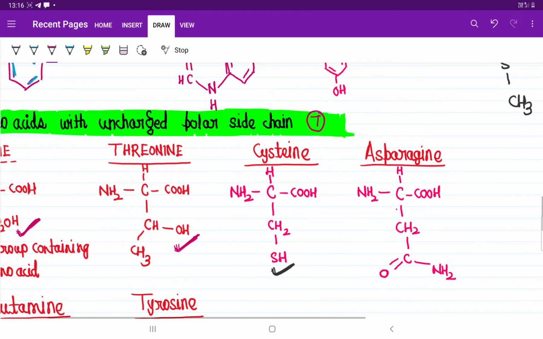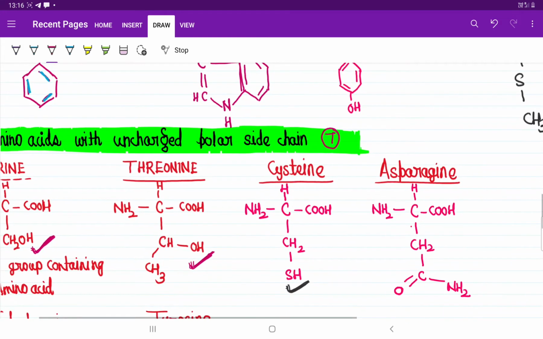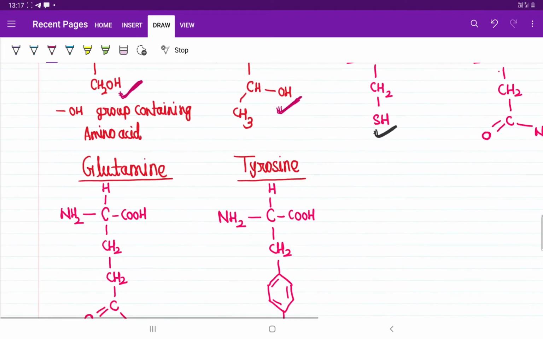Among the aromatic amino acids, phenylalanine and tryptophan have non-polar side chains, right? But tyrosine has an uncharged polar side chain. Fine. Is it clear, students?